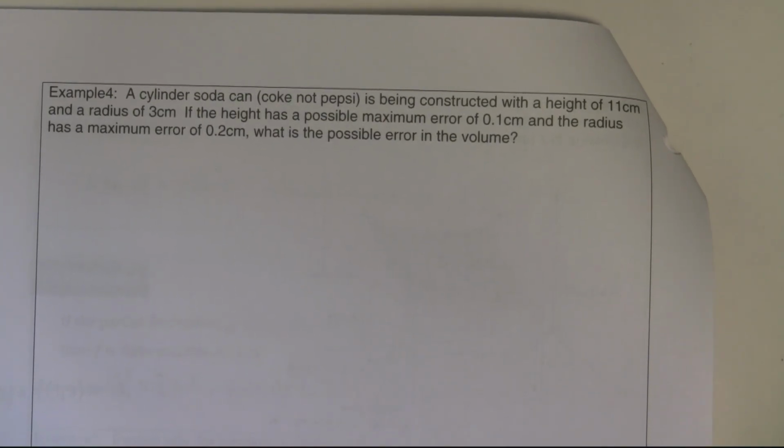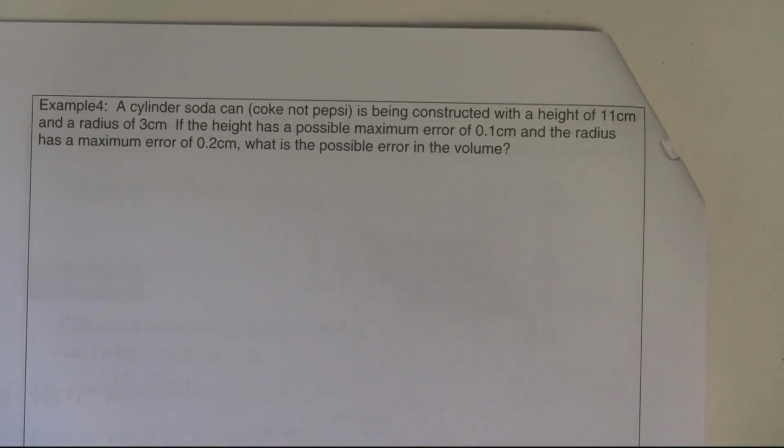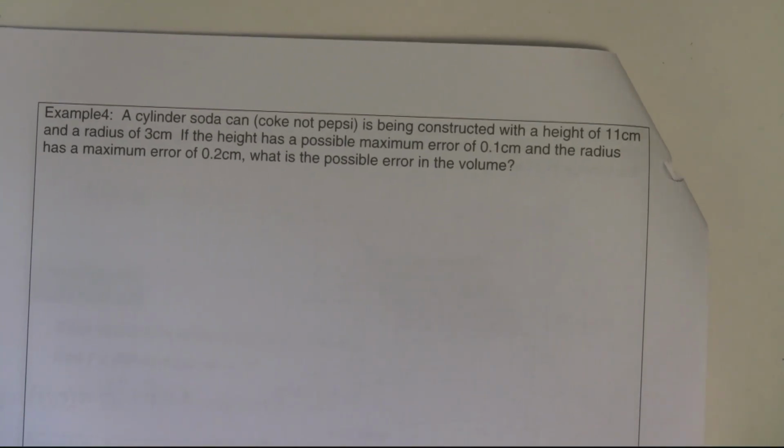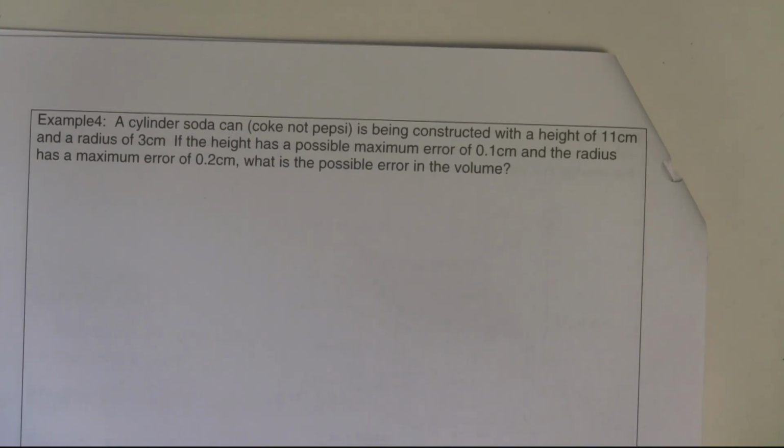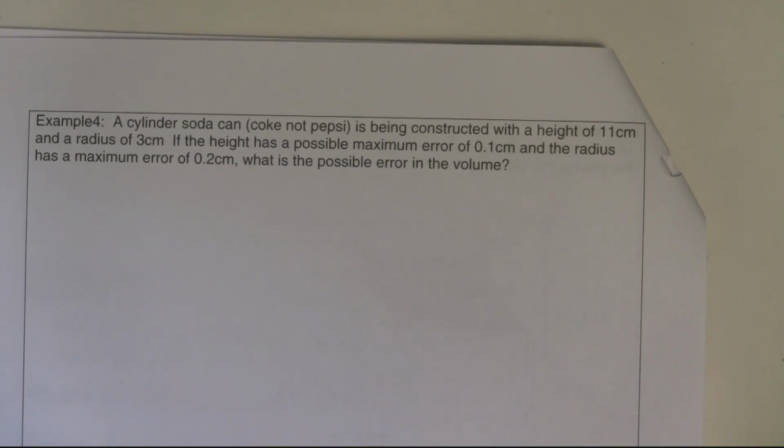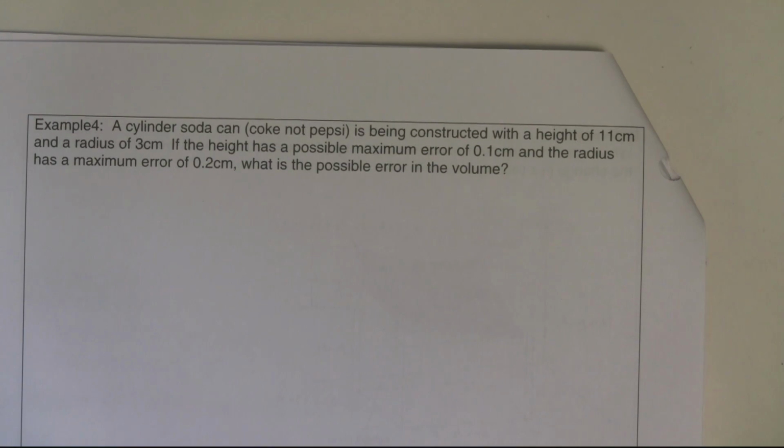So it says a cylinder soda can, I'm sure it was Coke and not Pepsi, is being constructed with a height of 11 centimeters and a radius of 3 centimeters. If the height has a possible maximum error of 0.1 centimeters and the radius has a maximum error of 0.2 centimeters, what is the possible error in the volume?